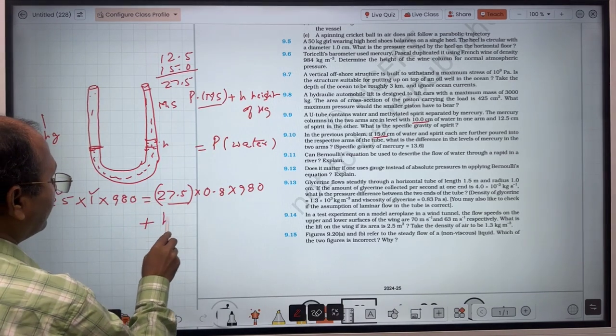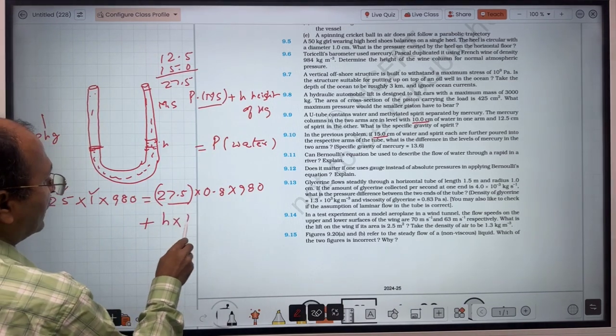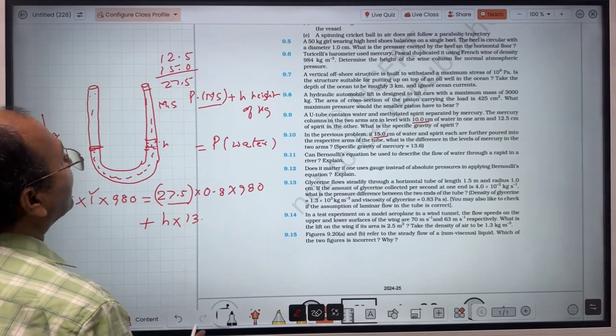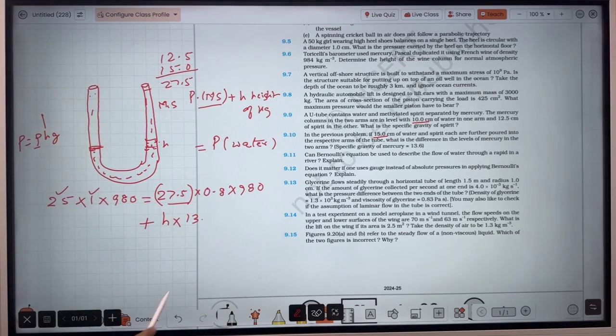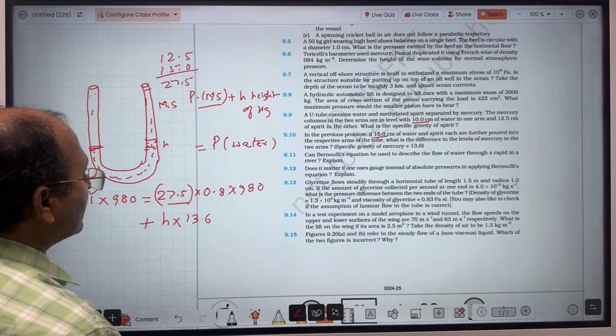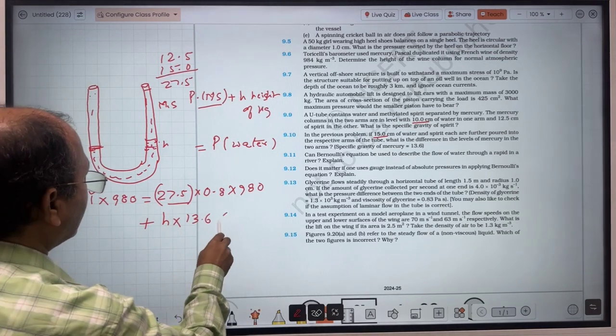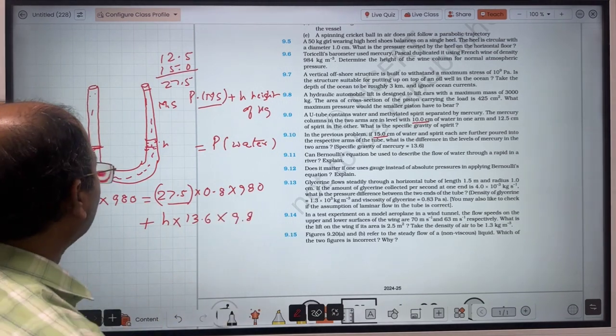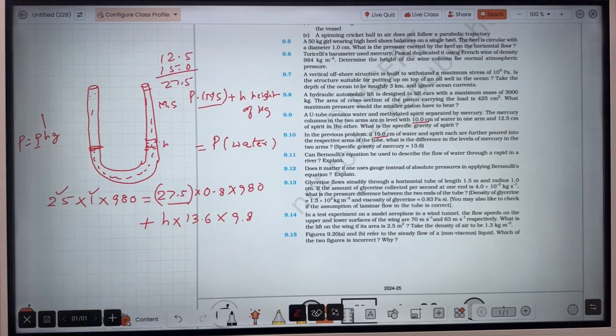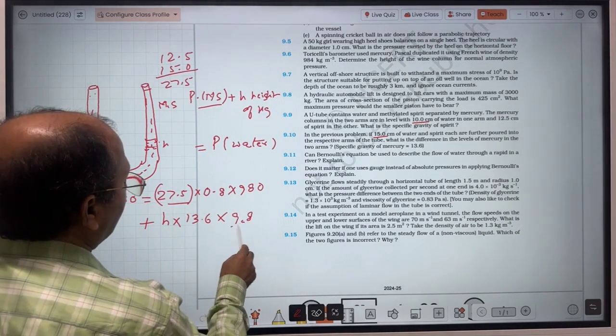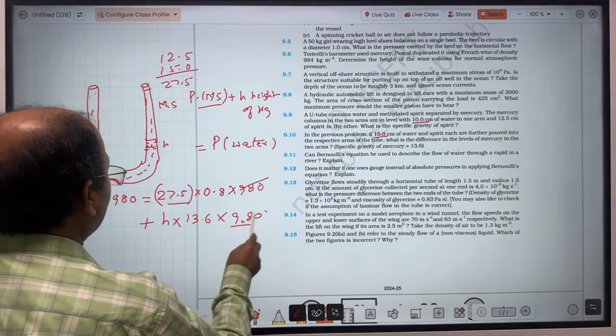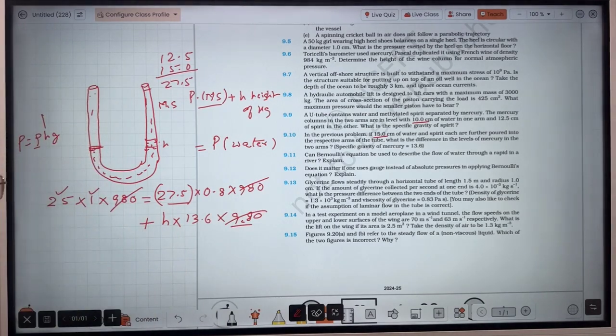The height is H, the density of mercury is 13.6 in CGS, and g is 980. So 980 will cancel out from each side, and whatever is left is simple. We can easily evaluate it.